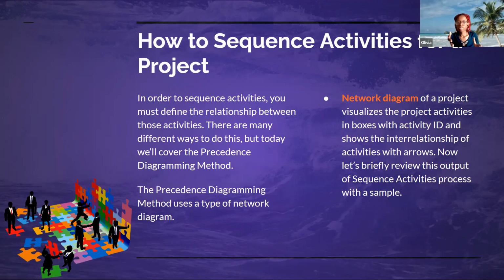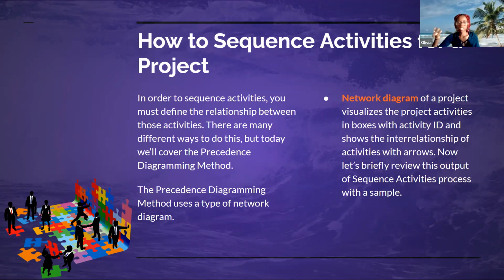So how do you sequence activities for a project? Well, you have to define relationship between activities first. And there are a lot of ways to do that. But I'm going to talk about the most familiar and the most go-to approach. And that's called the precedence diagram method. And this method uses something called a network diagram.